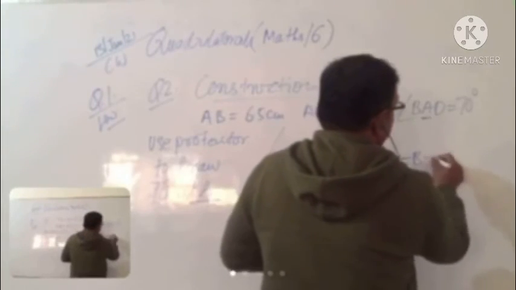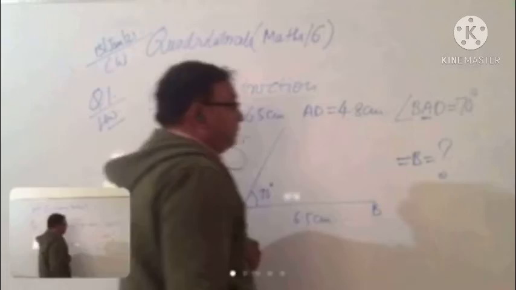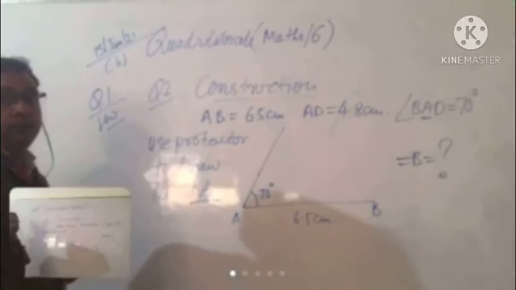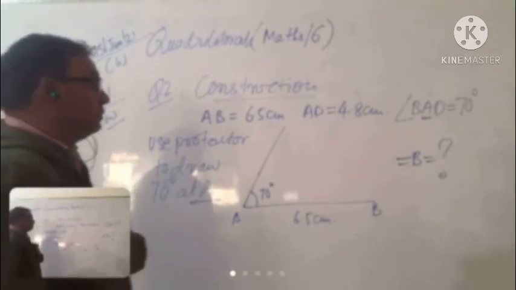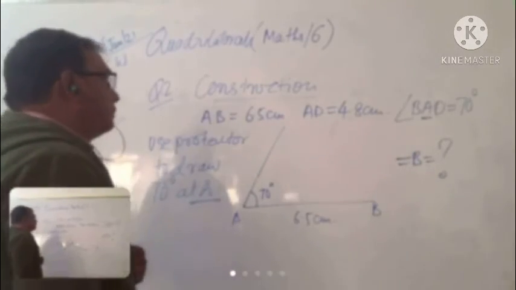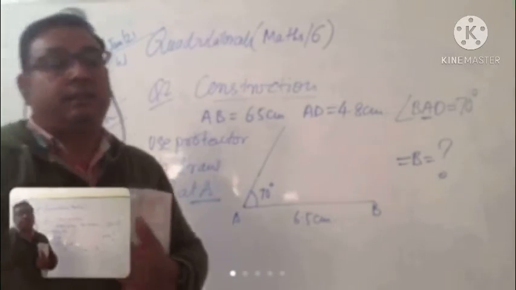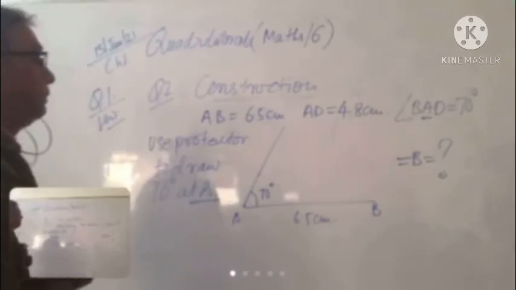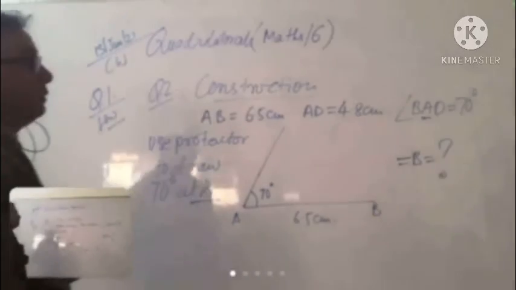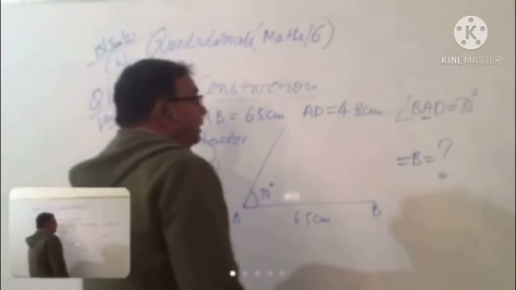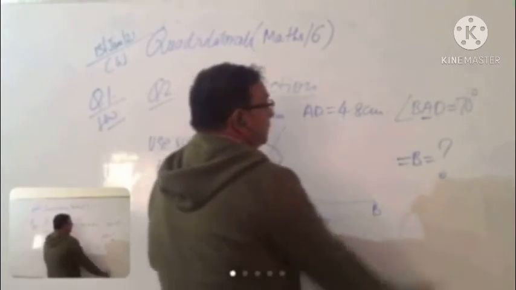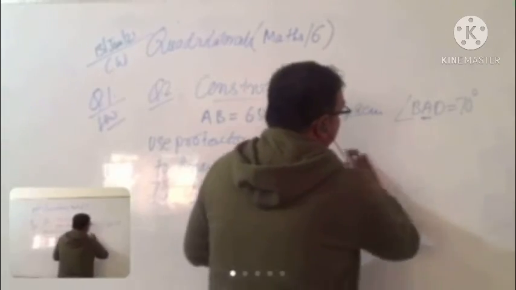Now what about angle B? It is a parallelogram, and we know that the sum of adjacent angles is 180 degrees, meaning adjacent angles are co-interior. That's why they are supplementary also.